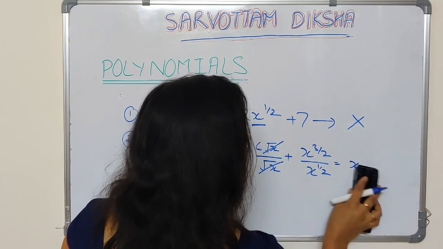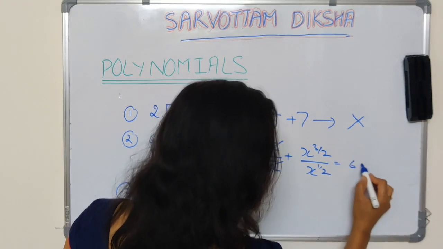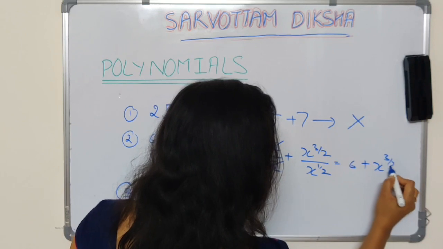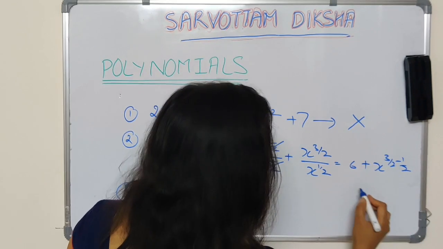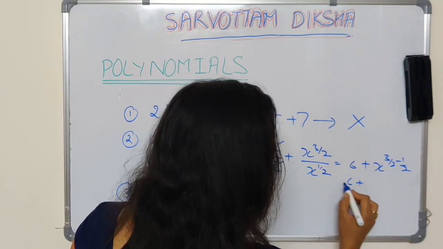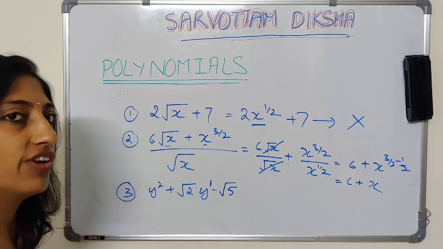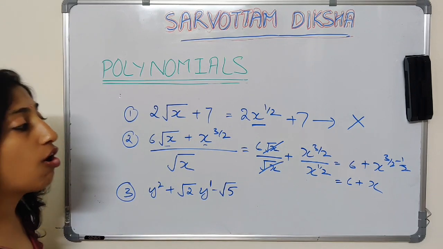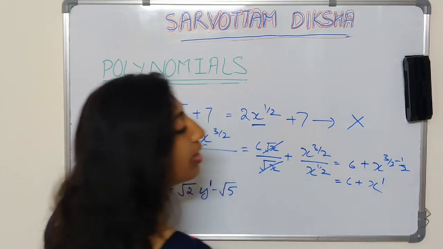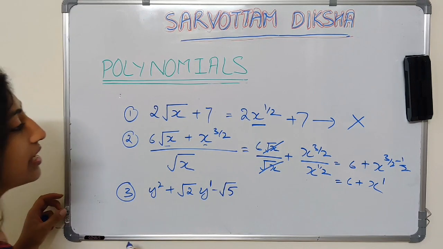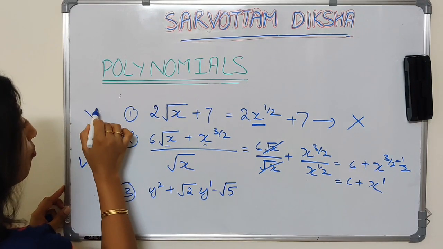I will get nothing but 6 plus x^(3/2 - 1/2), which is equal to 6 plus x. So after simplifying, we are realizing that the power of my exponent is a whole number only. So this is a polynomial.